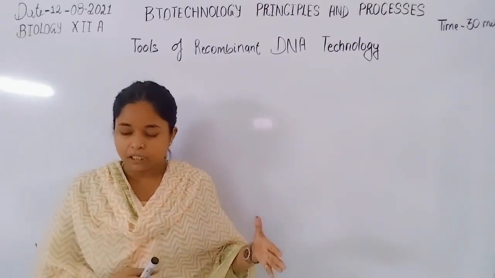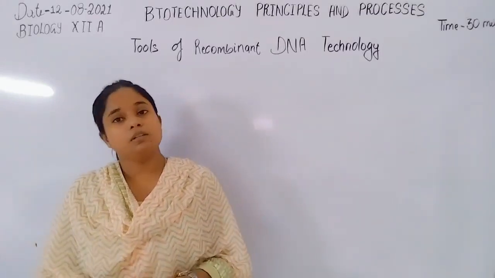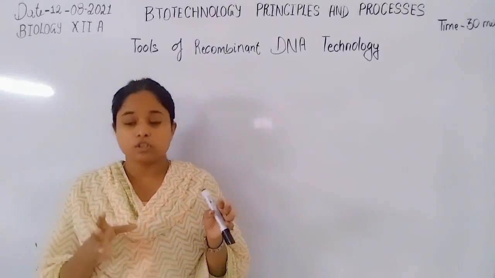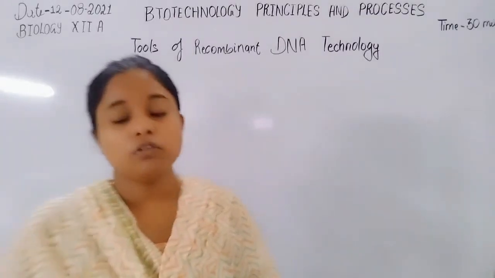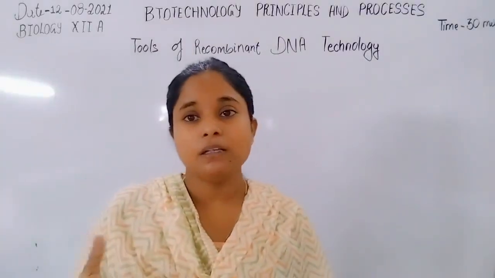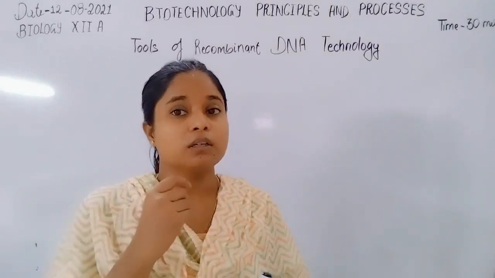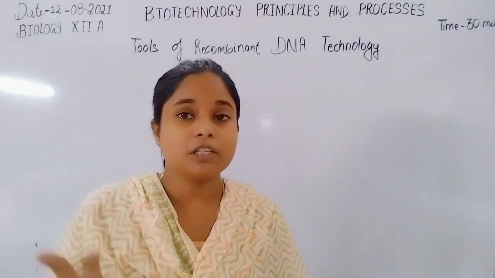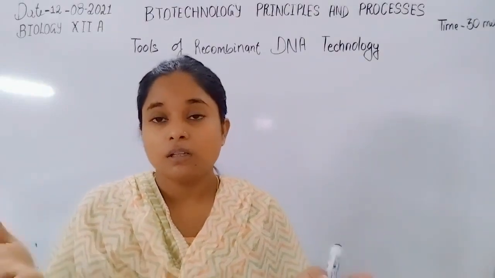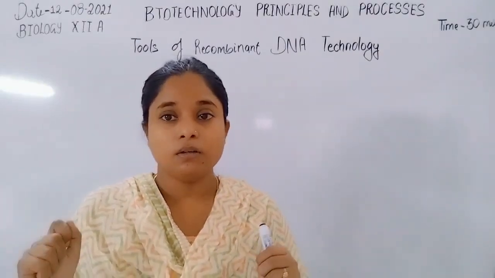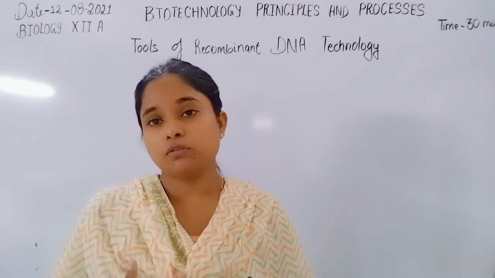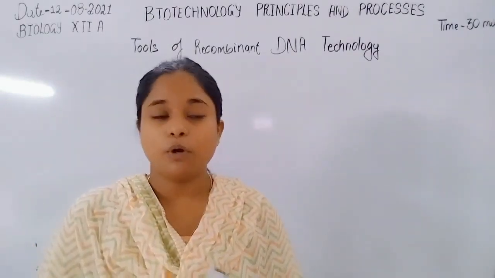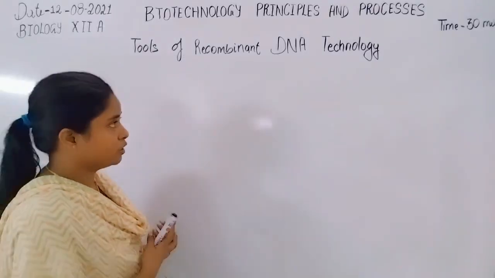There are so many steps involved in biotechnology, including the introduction of recombinant DNA, the recombinant genetic material, into the host cell, so that the host cells are also able to synthesize particular important genes or important proteins, for example.